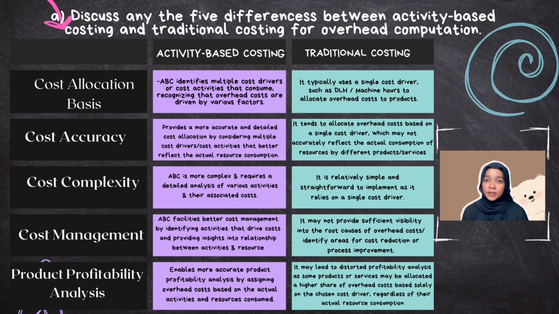And traditional costing may lead to distorted profitability analysis as some products or services may be allocated a higher share of overhead costs based solely on the chosen cost driver regardless of their actual resource consumptions. That's all. Thank you.